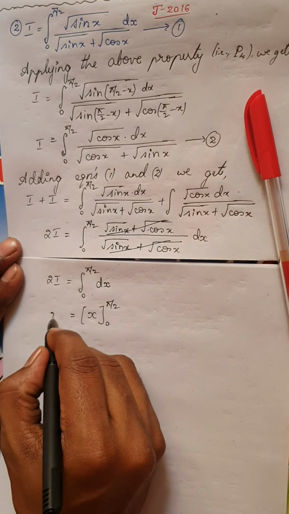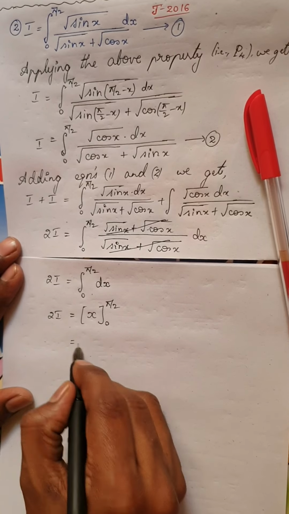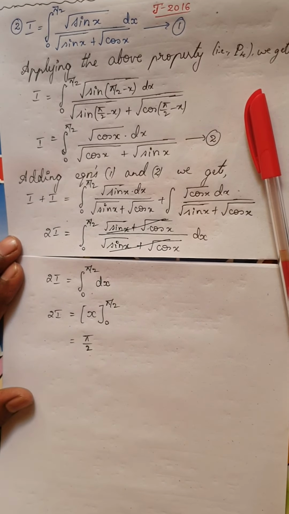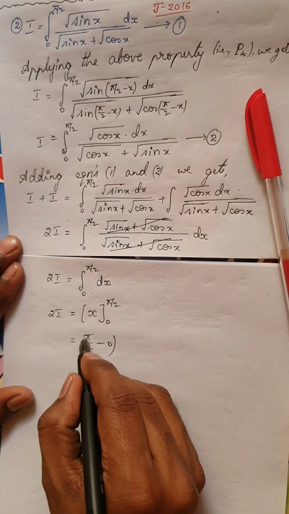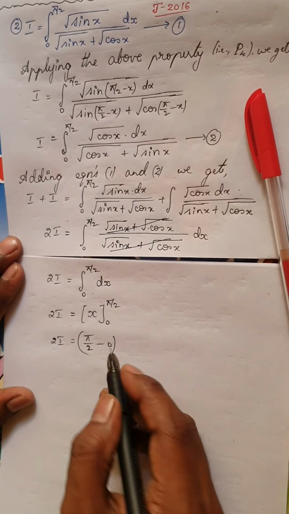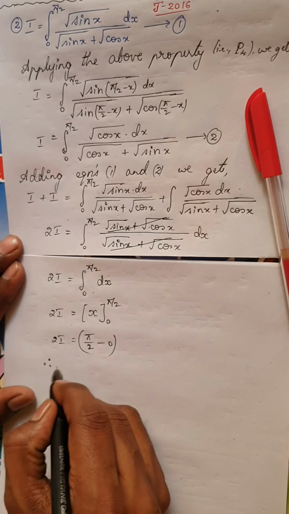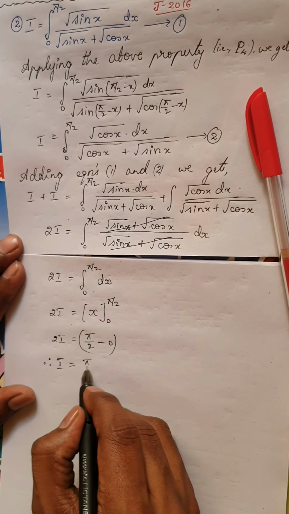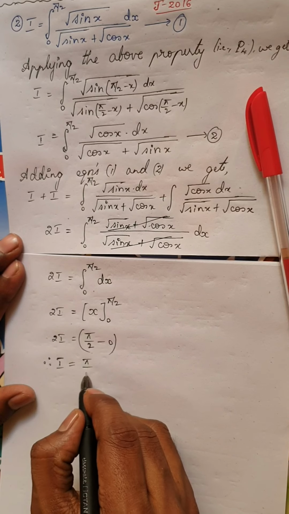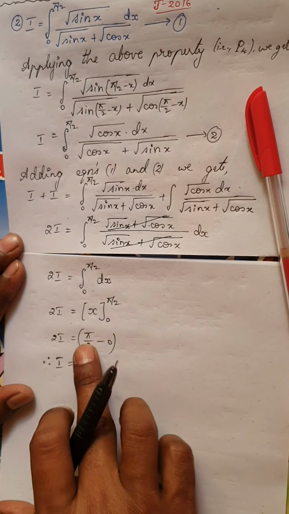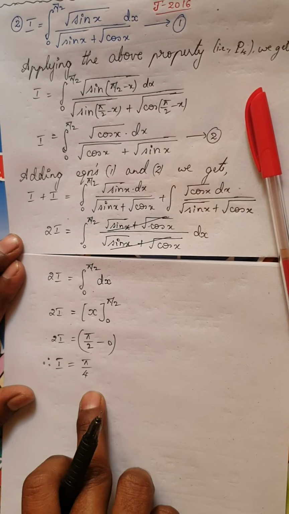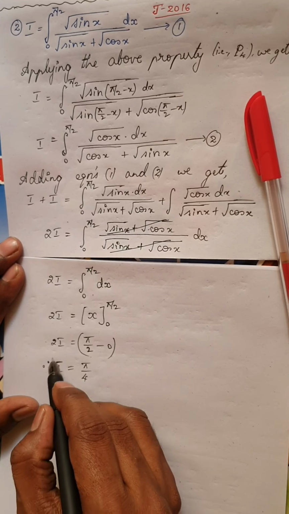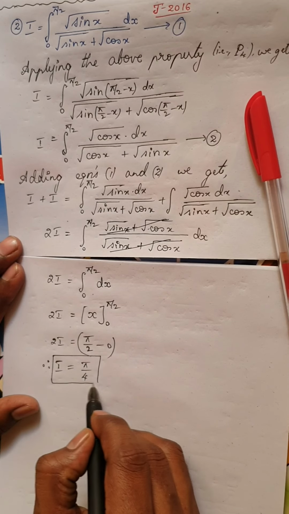If you apply the limits, the upper limit is pi by 2 minus 0. So 2I is nothing but pi by 2 minus 0. Therefore, I is nothing but pi by 2 divided by 2, so it would be pi by 4, because 90 minus 0 is pi by 2 itself. And remember, don't cancel this 2 and 2 because it would be divided. So I value is pi by 4.